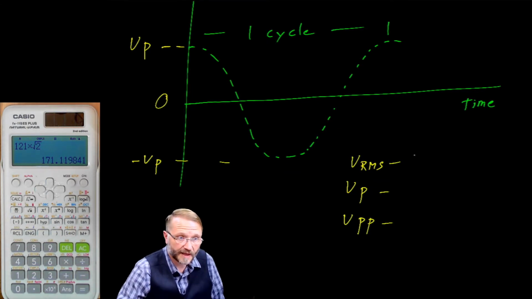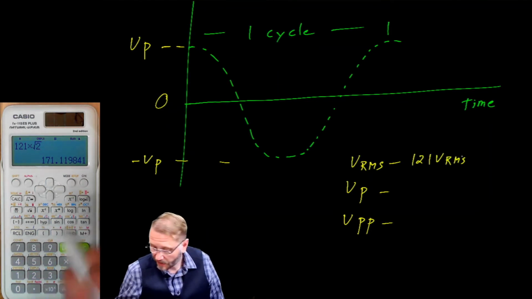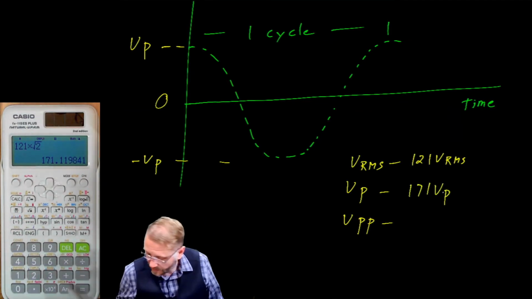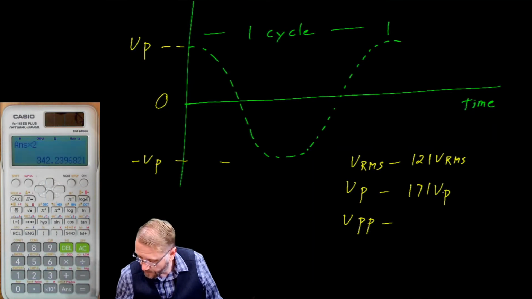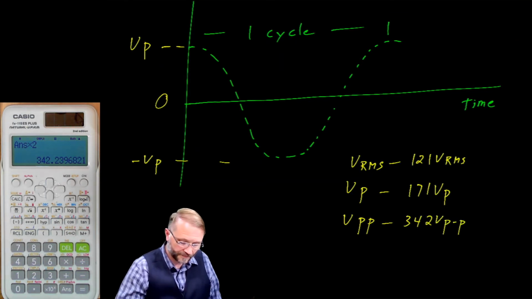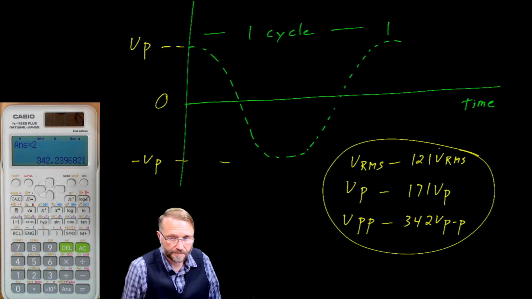I just measured my house voltage, and that was 121 volts RMS. We did the calculation. It's still up on the calculator here. So that's 171 volts peak. And if we multiply that by 2, we'll see that that's 342 volts peak to peak. Again, those are all ways of describing the same thing.